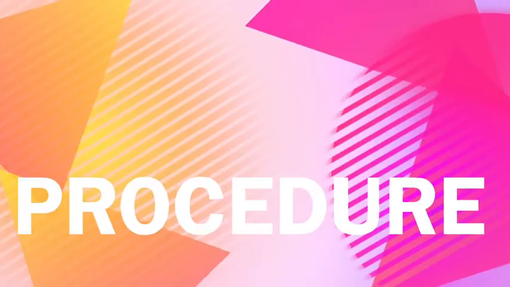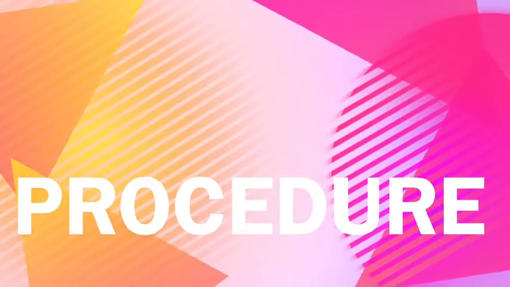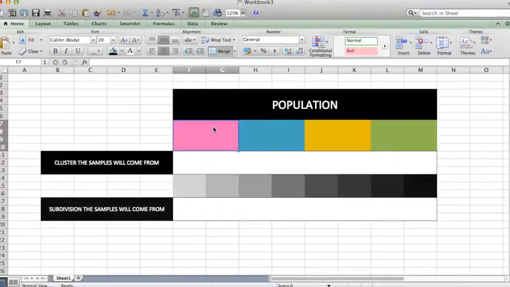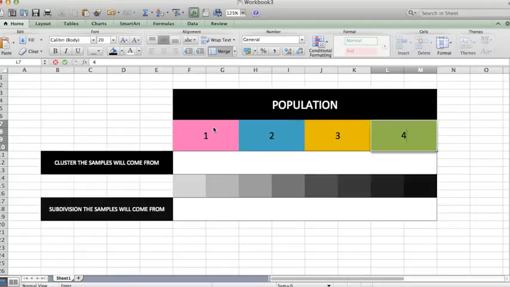Now, on to the procedures used in multistage sampling. For this particular example, there will only be 2 steps involved, which means that the ranBetween function will only be used twice. So you have your population, and first the population is divided into clusters. In this case, it will be divided into 4 clusters.